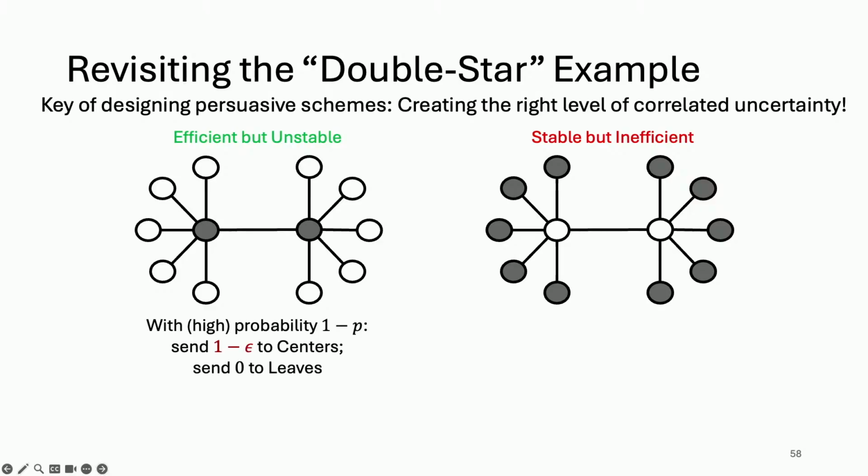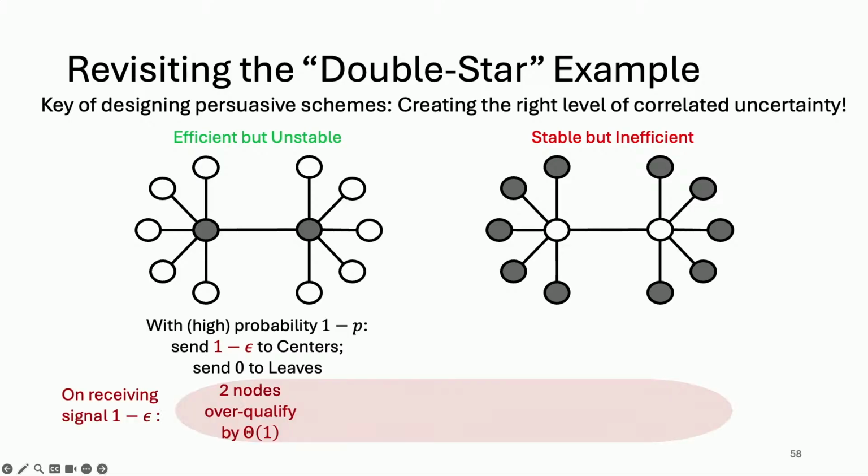And then we can design some signal scheme. So the signal scheme in this example is with probability 1 minus p. Once the platform draws the permutation, then with probability 1 minus p, they will send signal 1 minus epsilon to the centers and 0 to the leaves.